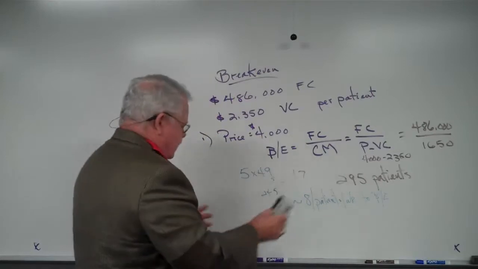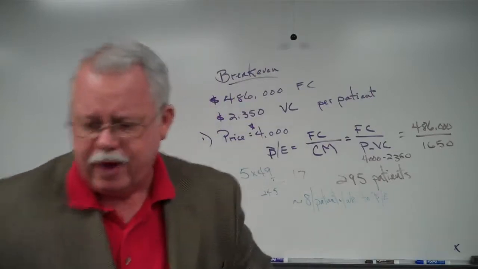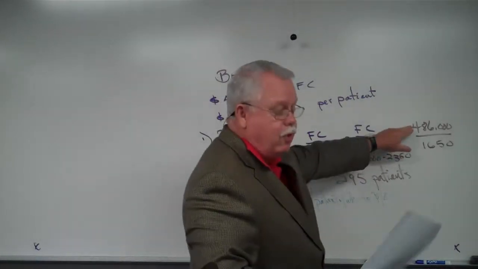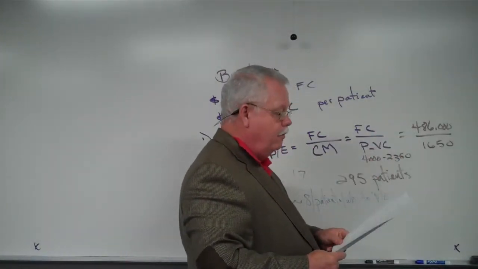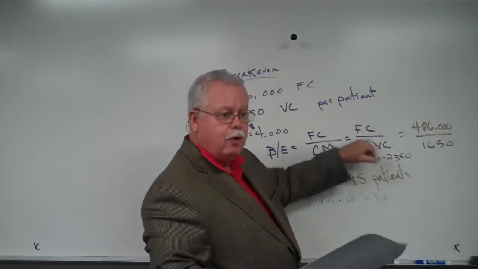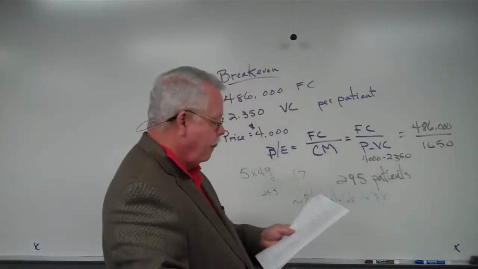Now, there's another calculation in there about what happens if your fixed costs change, so you have a different number up here, or what happens if your variable costs change. Sometimes we do that, which changes your contribution margin. Those are minor.